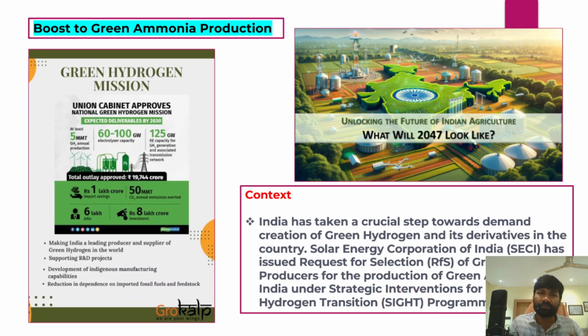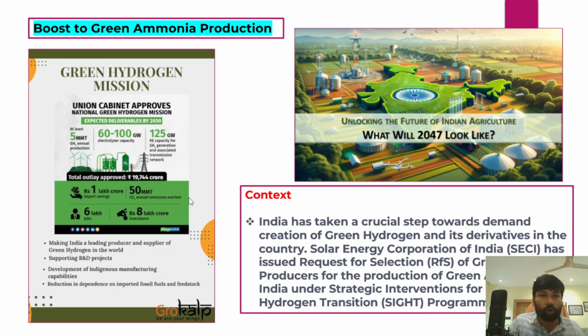On the left side you can see the green hydrogen mission, its objectives and aims. When we talk about the green hydrogen mission, it aims at making India a leading producer and supplier of green hydrogen in the world, and it also supports research and development projects and the development of indigenous manufacturing capabilities, and at the same time reduction of dependence on imported fossil fuels and feedstock.